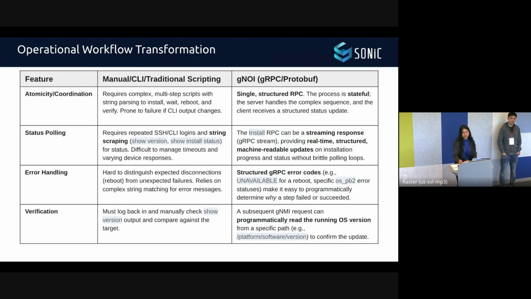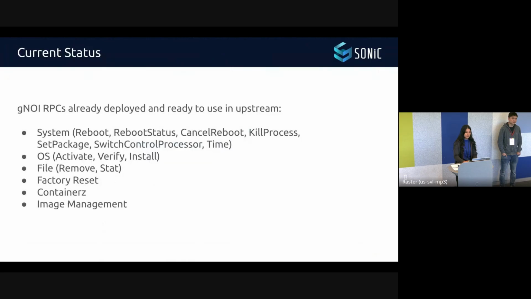But with gRPC structured error codes, it's programmatically easy to differentiate between the different stages of failures. Same with verification. With scripting, you have to manually log back in, get the show version output, and compare against the target. Here, you can leverage gNOI to request the image version and then confirm the updated version.